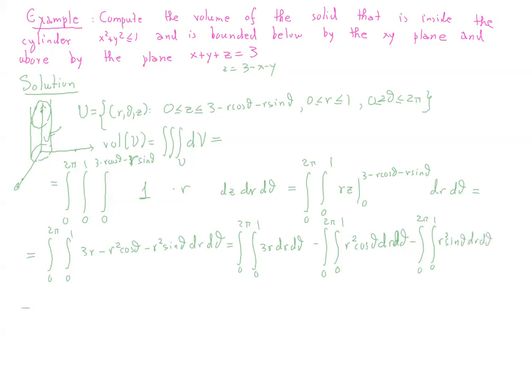And now each of these 3 integrals actually split. So the first one will be the integral from 0 to 1. I can take the 3 out, right? 3 is a constant, r dr times the integral from 0 to 2 pi d theta, minus the integral from 0 to 1 r squared dr times the integral from 0 to 2 pi cosine theta d theta, minus the integral from 0 to 1 r squared dr times the integral from 0 to 2 pi sine theta d theta.